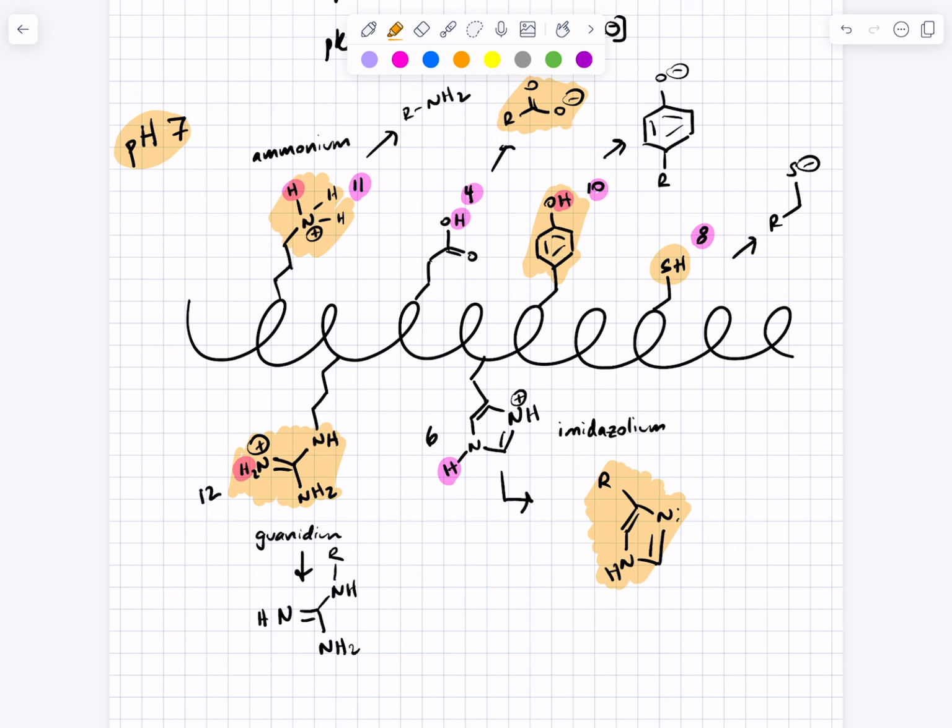Now the question usually becomes, what's the overall formal charge on this molecule? So you've got to get all of those answers right, and then you have to be able to count all the pluses and subtract all the minuses. If we do that, there's a plus there, a plus here, and a minus there.